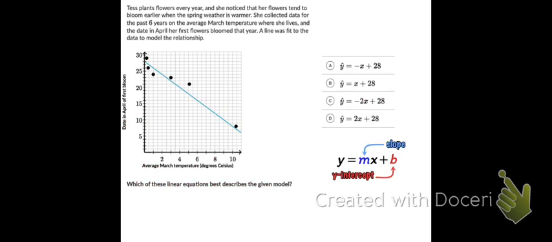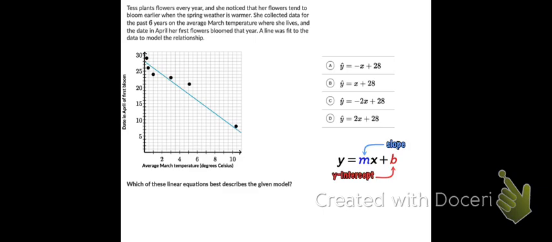Here's another one. It says Tess plants flowers every year, and she noticed that her flowers tend to bloom earlier when the spring weather is warmer. She collected data for the past 6 years on the average March temperature where she lives and the date in April her first flowers bloomed that year. A line of best fit to the data is already drawn to model that relationship.